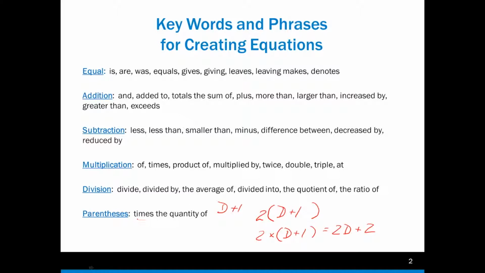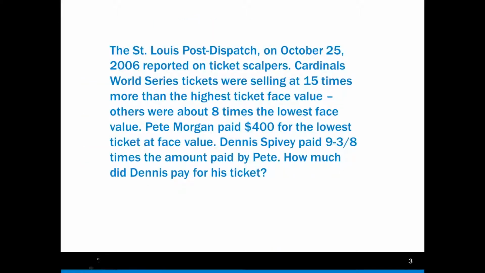And I have a problem here. All right, a word problem, and we'll kind of work this out on the next slide. But let's read over the problem because we want to read it a few times so that we understand the various parts of the problem and what it's looking for. Okay, the St. Louis Post-Dispatch on October 25, 2006 reported on ticket scalpers.